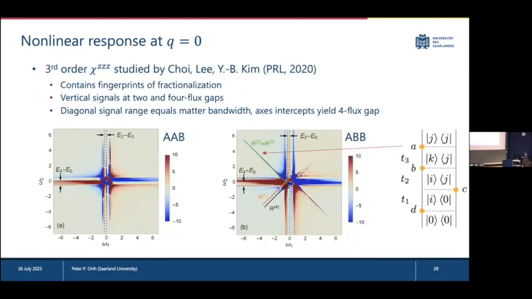Okay, so then the question is: is there anything else that shows up, or more signatures of the excitations in the nonlinear response? There was some nice work from Youngbaek Kim's group some years ago about the third order response. They computed this third order response in 2D spectroscopy, and it looks pretty complicated. It has several signatures that you can associate with these pathways.